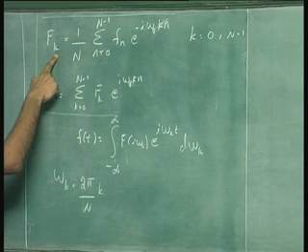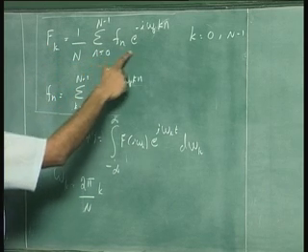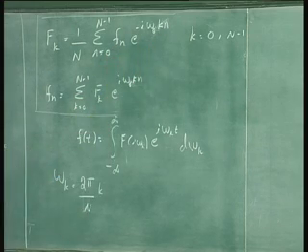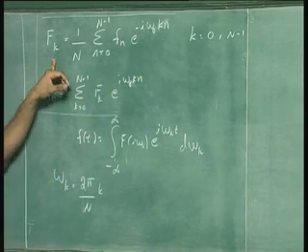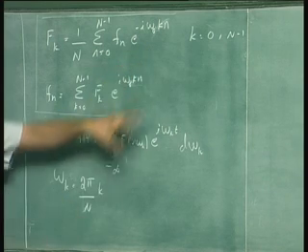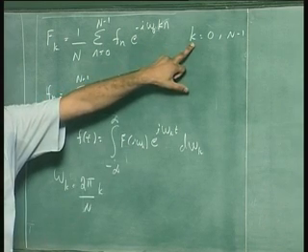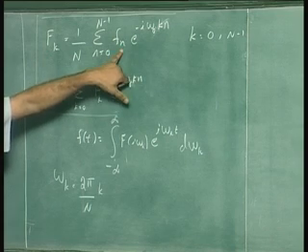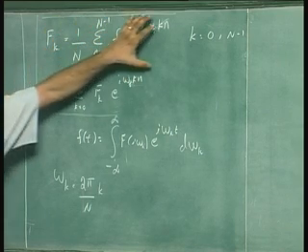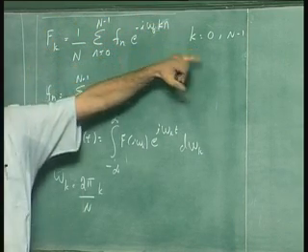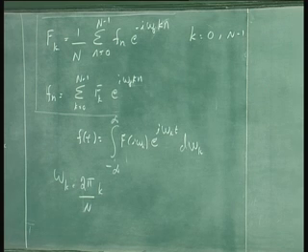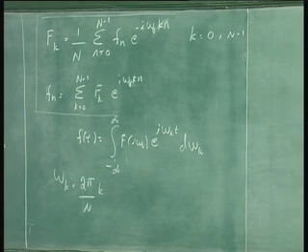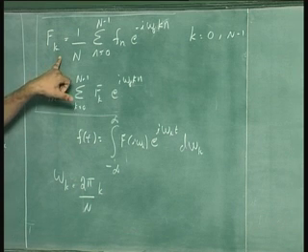For each of these k's we have to do N sums, so N products and N sums. So the number of operations goes as N squared. As you increase the number of k values or the number of n values, the computation blows up as N squared, and similarly for the inverse Fourier transform. So that's the problem with computing the discrete Fourier transform.